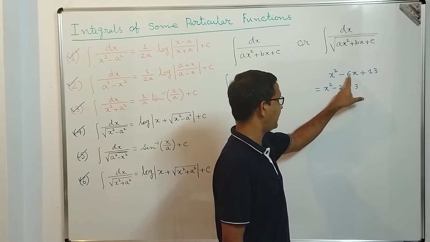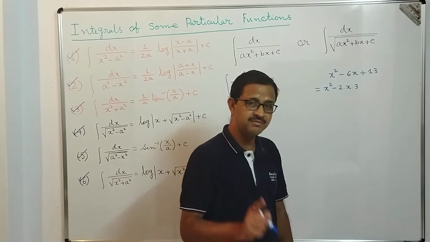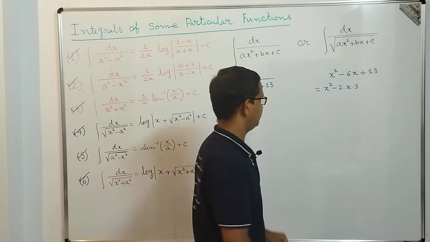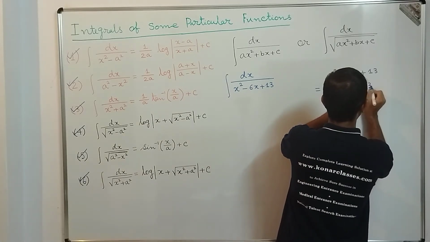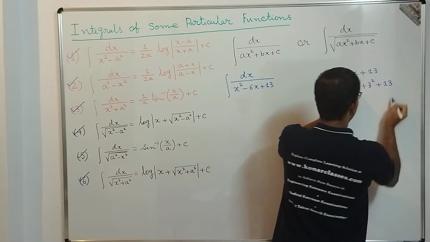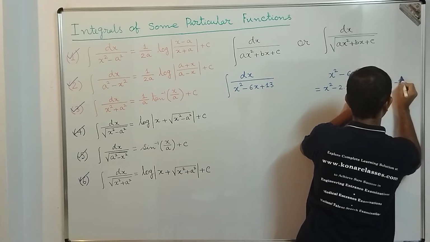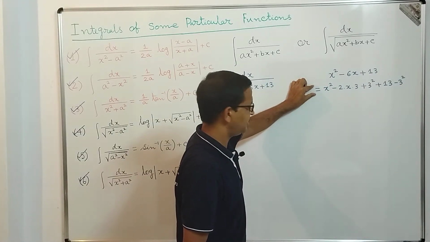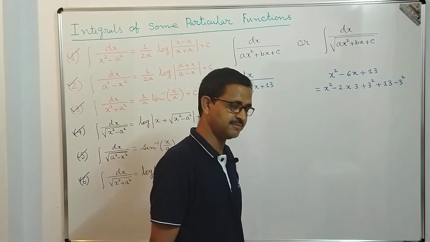X is there. Now to adjust with 6x, we multiplied by 3. So 2 into x into 3 means 6x, which is exactly what is there in the previous step. Now as we have introduced 3, we add 3 square plus 13 as it is. Now as we have added 3 square, we should subtract that 3 square, correct? The value of the expression in this second step is exactly the same as in the previous step.